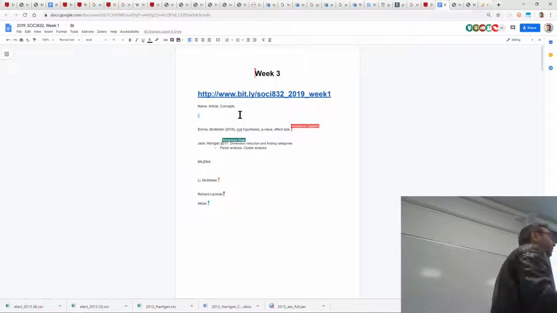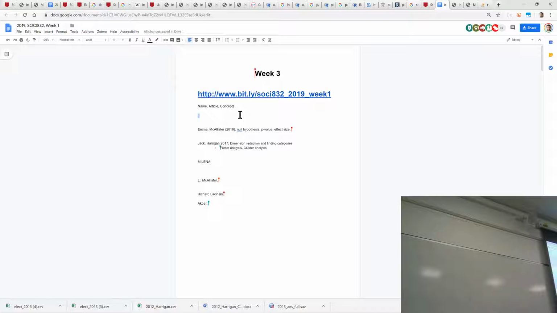For example, we just went through Jack's article and we looked at the table and we found the standard errors and the p-values, and we looked at the effect size in terms of the R squares and so forth. Does that make sense?